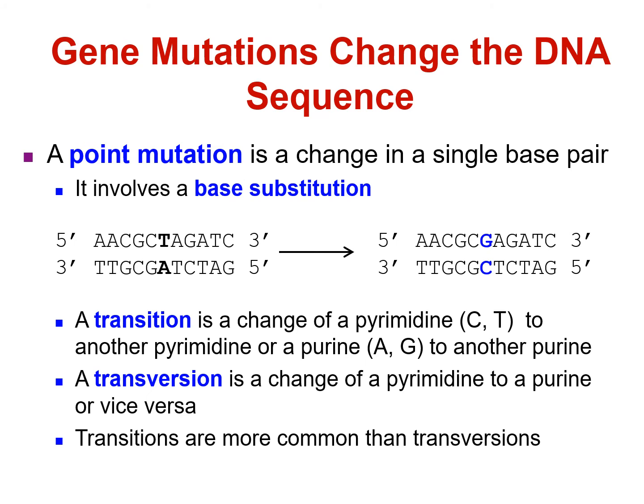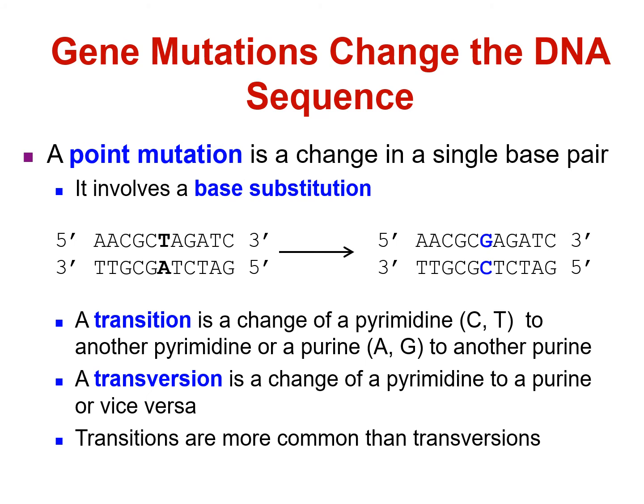The small mutations involve addition, deletion, or substitution of single bases. The small mutation is called a point mutation. A point mutation is a change in a single base pair, so it involves a base substitution.